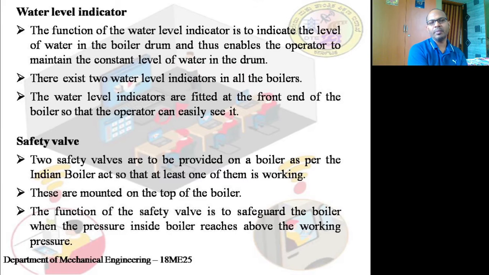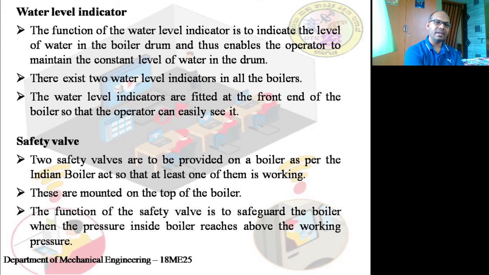My dear friends, that means even here more precaution is taken. If one water level indicator is not working, then the other will certainly work. So it has to be matching, and enough caution has been taken.